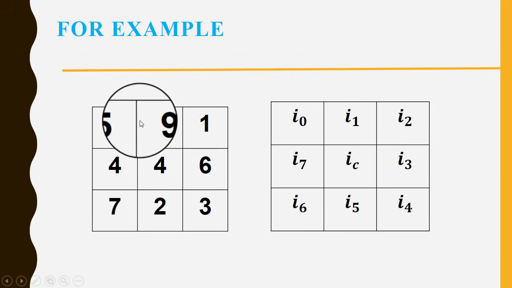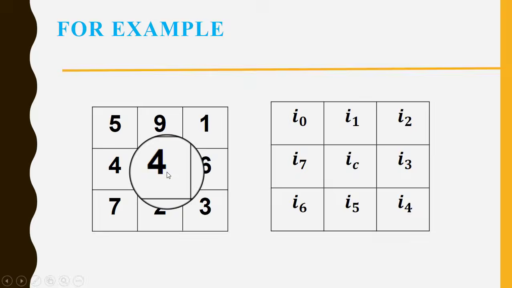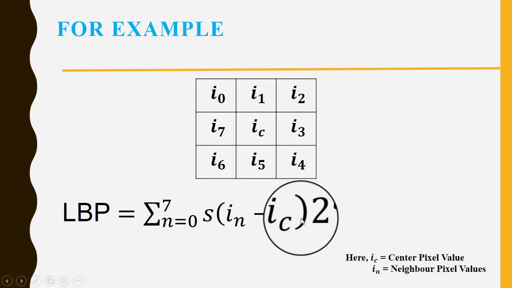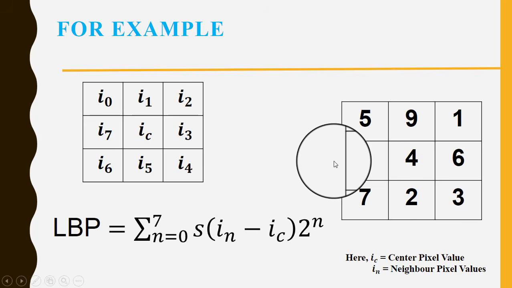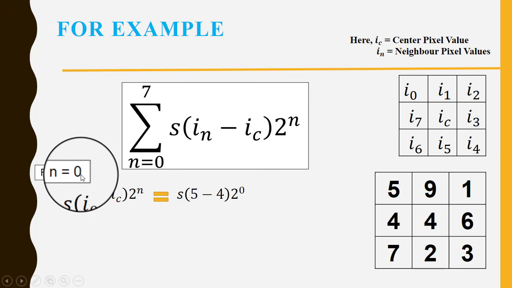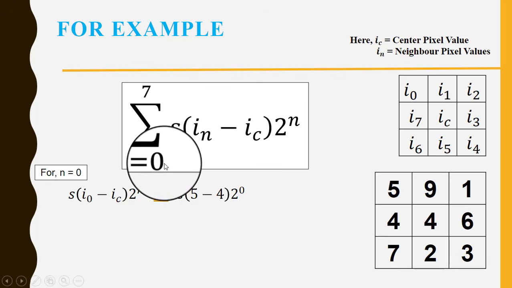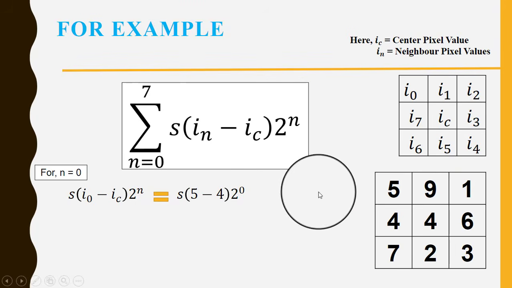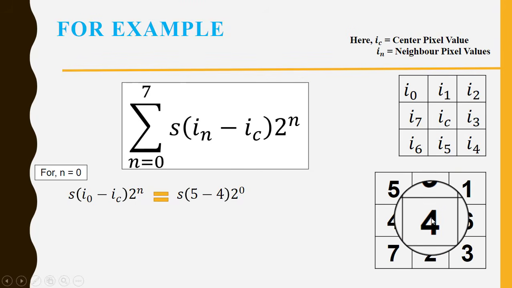These are the neighbors and this is the center pixel value. We will compute these values using this equation. We compute for n from 0 to 7 because we have 8 neighbor pixels only; the 9th one is the central pixel.